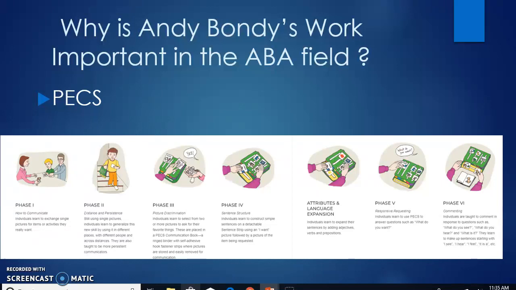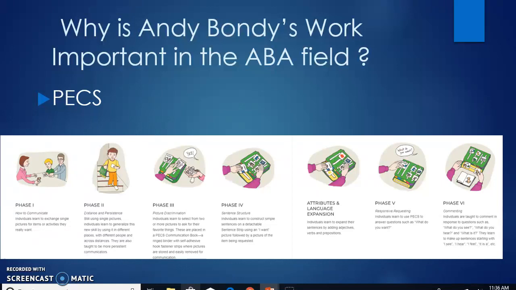It is based on B.F. Skinner's book Verbal Behavior and broad-spectrum Applied Behavior Analysis, and it is designed to teach functional communication. There are 6 phases of PECS, and I would like to give a brief description of each step.